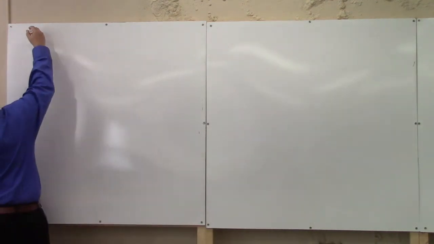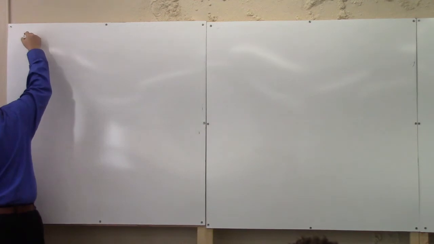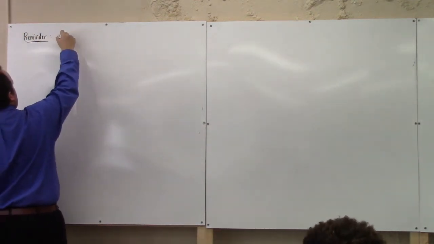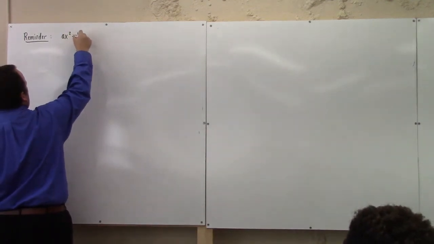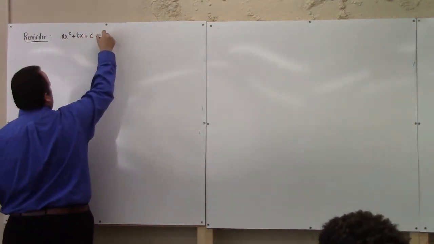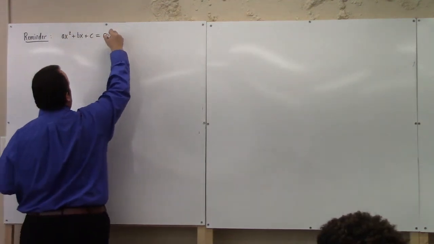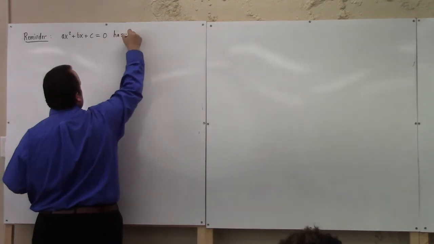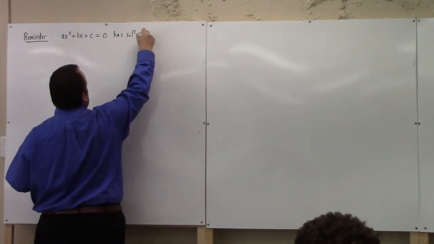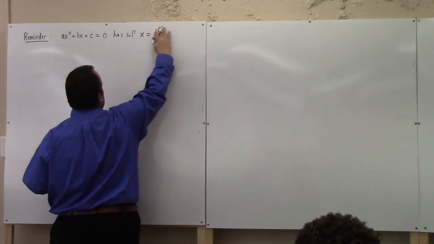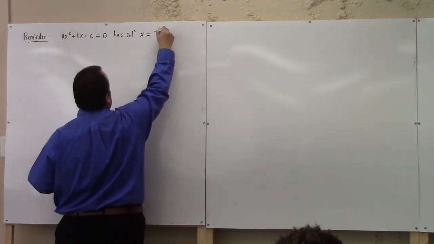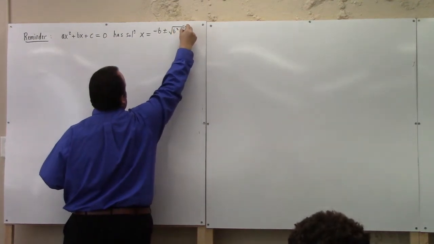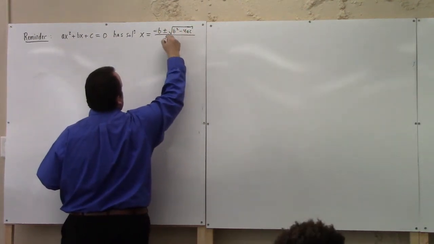So let me just remind you, I kind of downplay this, but let me show you an example that's so hideous that we'll use it. Minus b plus or minus the square root of b squared minus 4ac divided by 2a.